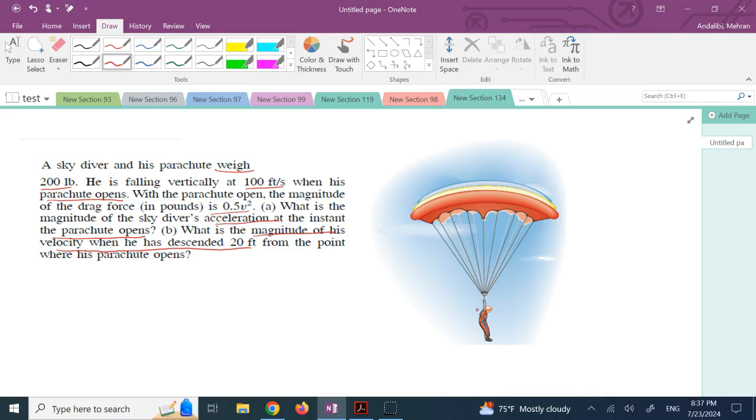Okay, yes. And why would you care about the acceleration of the person? Because guess what? That acceleration is very important for the pressure that the internal organs of the person is going to experience.